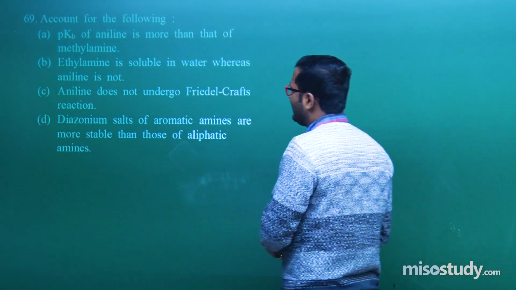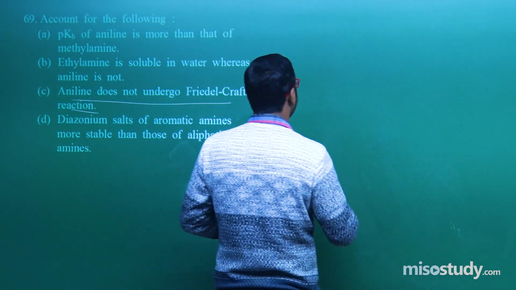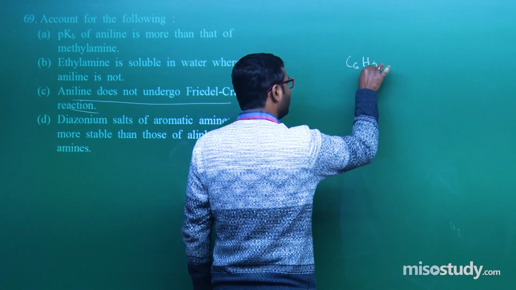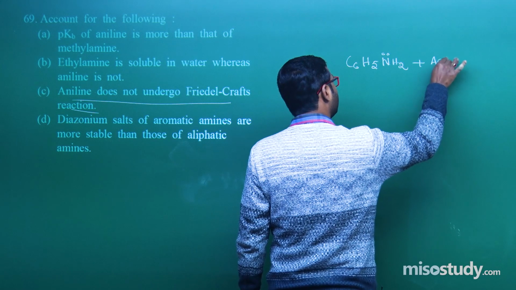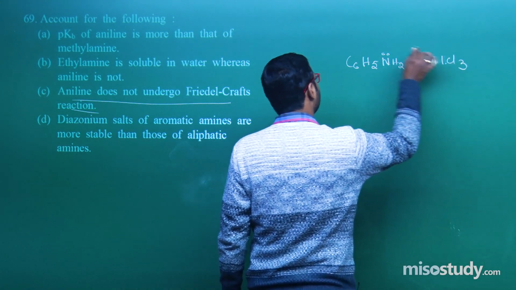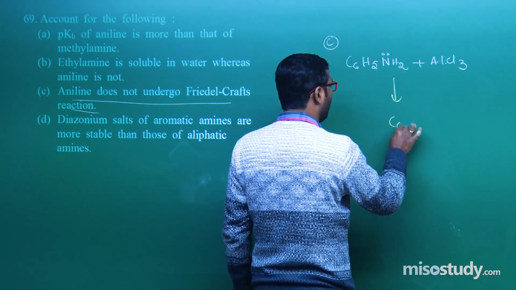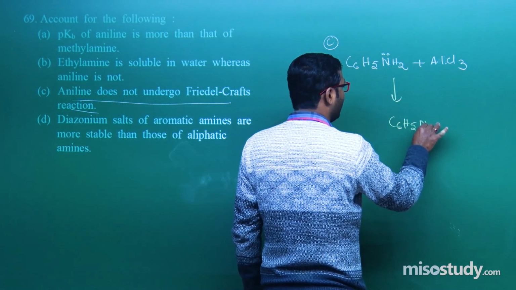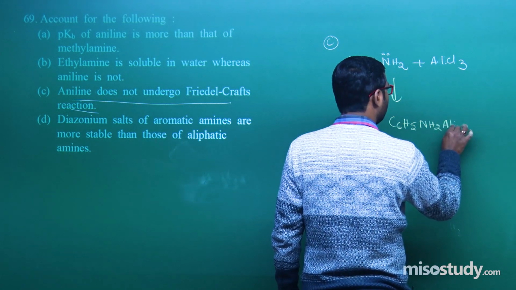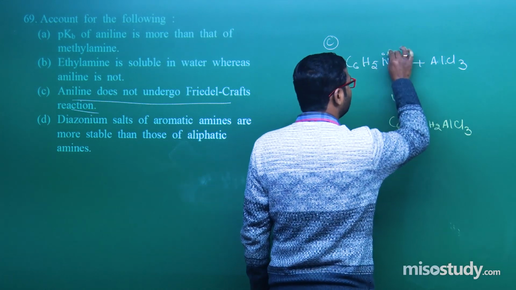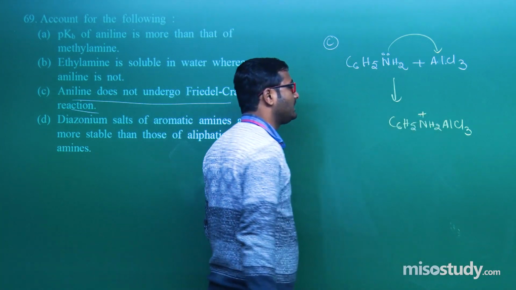Now the next one is, aniline does not undergo Friedel-Crafts reaction, because aniline, C6H5NH2, when it comes in contact with AlCl3, forms a complex. Here the nitrogen gives the electron pair, so nitrogen will contain N plus.